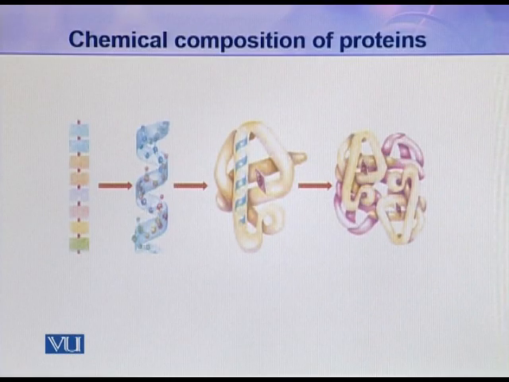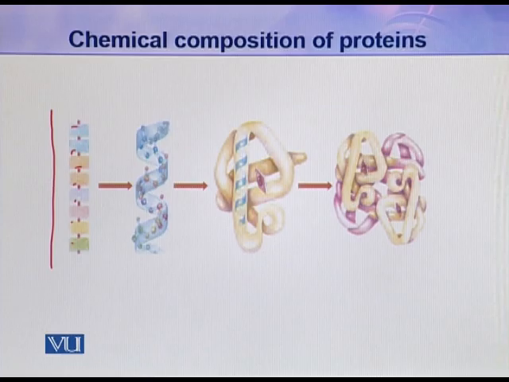If a polypeptide is formed, we cannot say it is a protein, because a polypeptide is a polypeptide chain, and after some conformational organization, this polypeptide is transformed into a protein molecule. For example, here you can see this is a polypeptide chain. Different amino acids are joined together in this polypeptide.